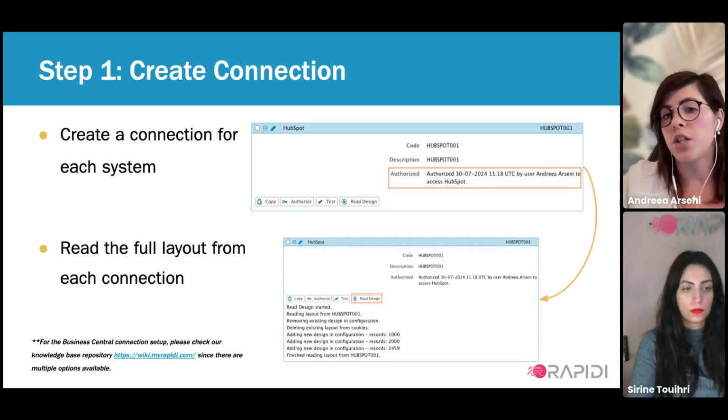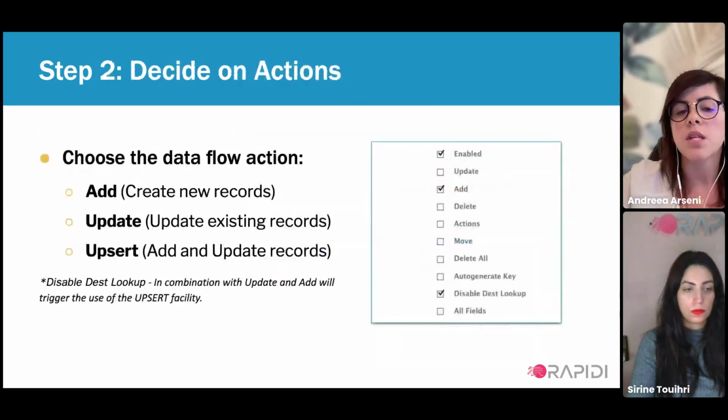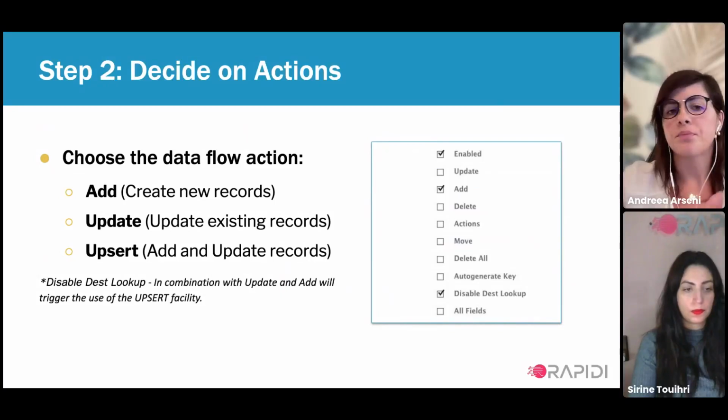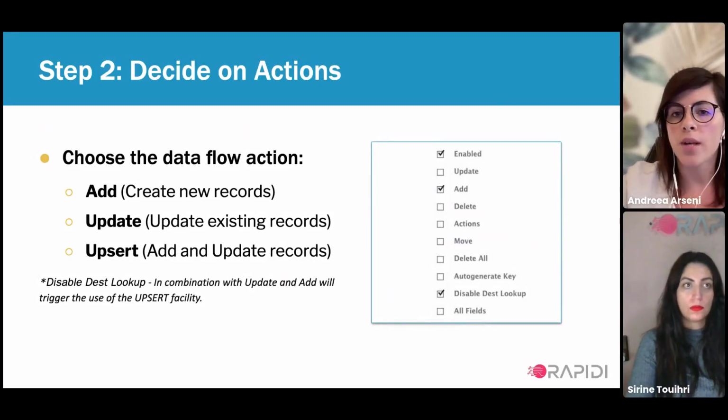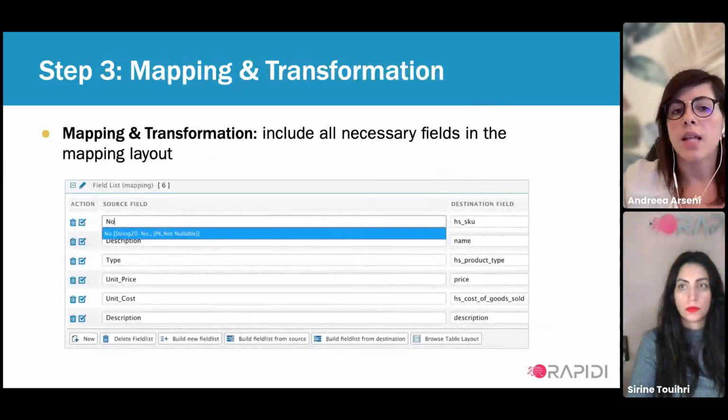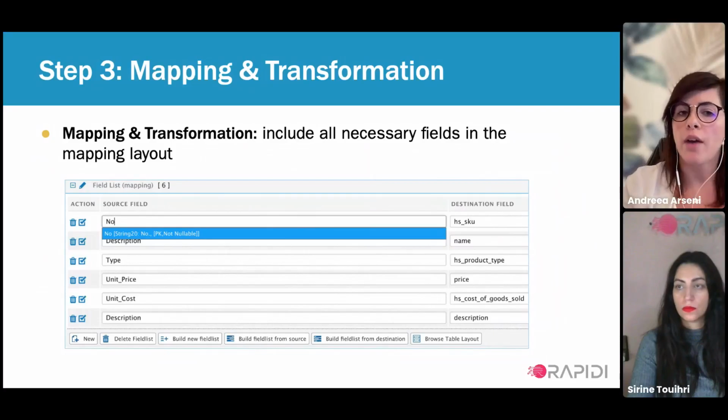So once you have the connection set up for both systems, you decide what you want to do. You can say, okay, I want to create new customers, update the ones that we have, or just do both. You can definitely do that, or any of the actions that you see there on the right side. And step number 3 would be mapping. I mentioned before that we have the mapping templates.